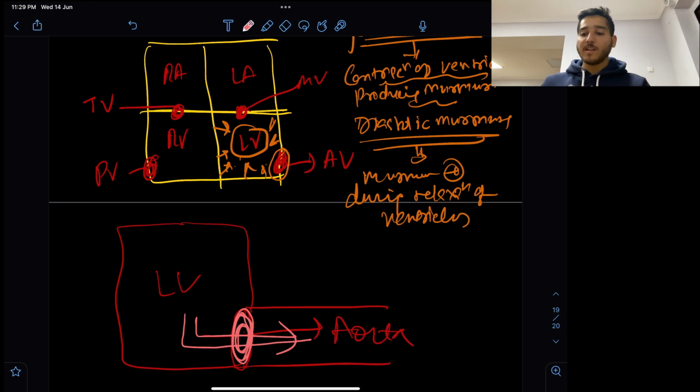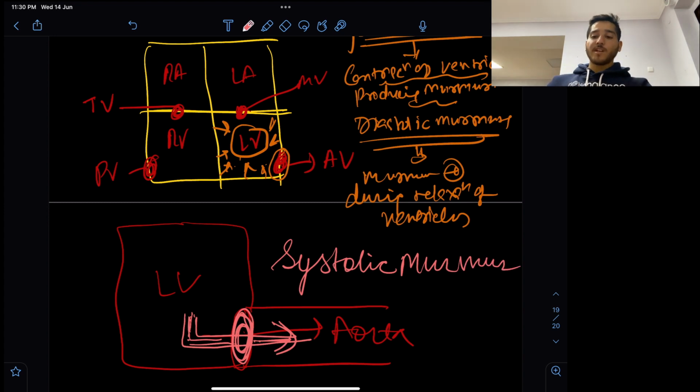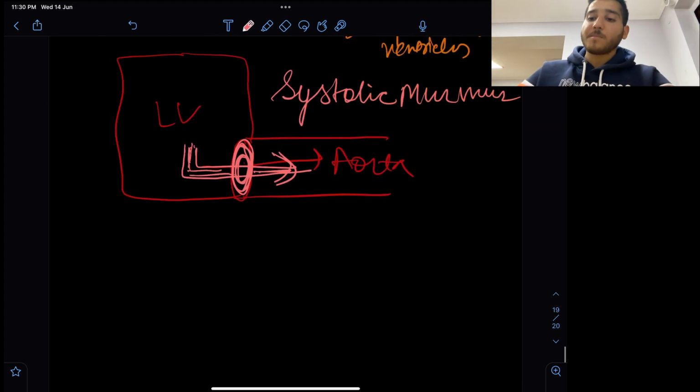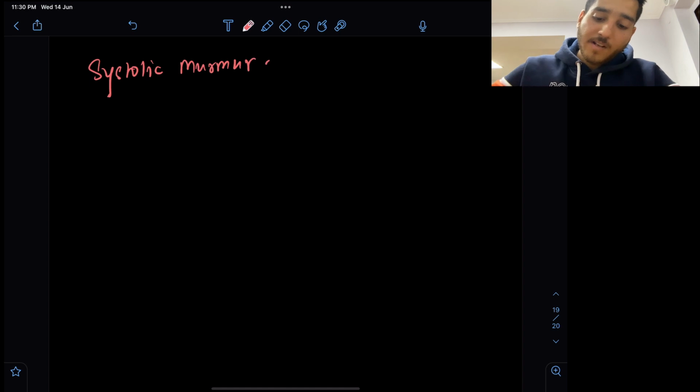We call it a murmur, and this is occurring at the time when the blood is being pushed out from the left ventricle. So this is a systolic murmur. So systolic murmur means murmur arising during systole of the ventricles, right? And there can be diastolic murmurs also.